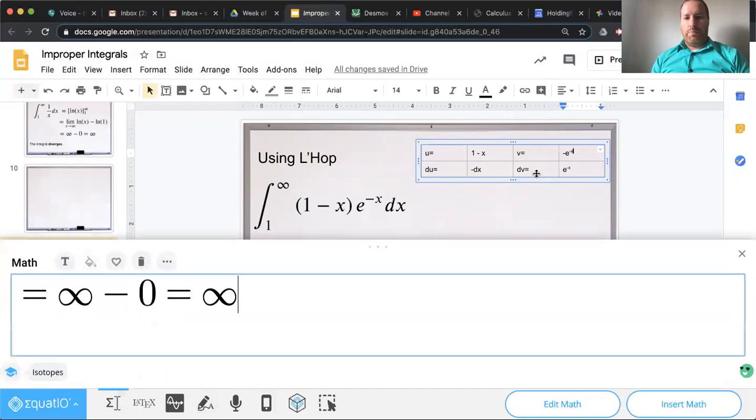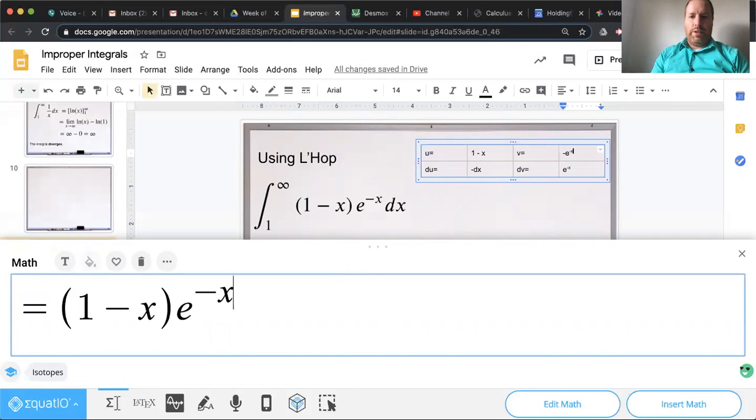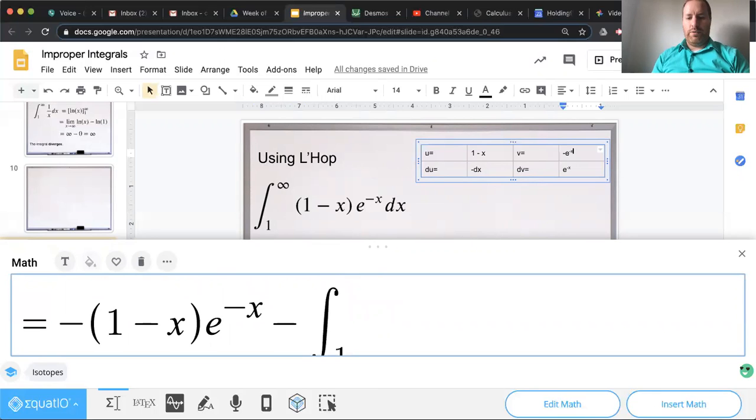And then we would just put that all together. So here when we do that, that should be v times u. So I have 1 minus x times e to the negative x. And in fact, that's negative because of the extra negative on there. And then we should subtract the integral still from 1 to infinity.